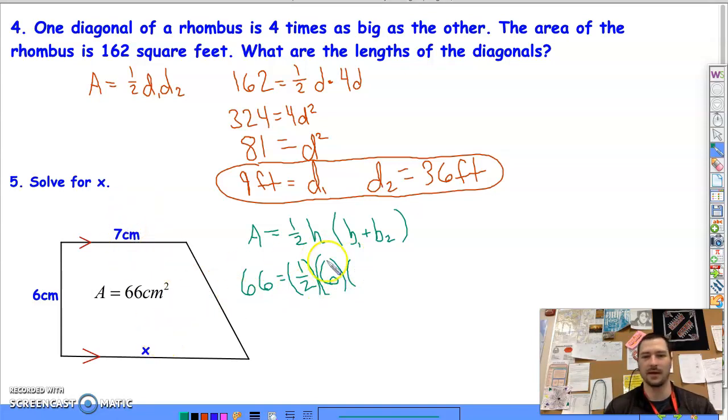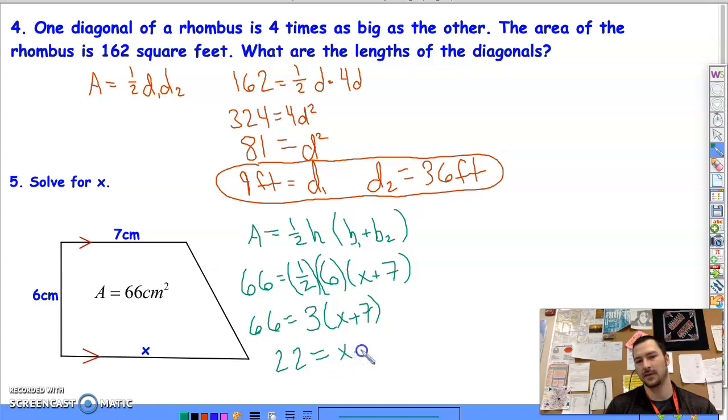We have 7 and x, so x plus 7. We can simplify: 1/2 of 6 is 3 times x plus 7. You could distribute the 3 or divide both sides by 3 to get 22 equals x plus 7. Subtract 7, and we get 15 centimeters for x.